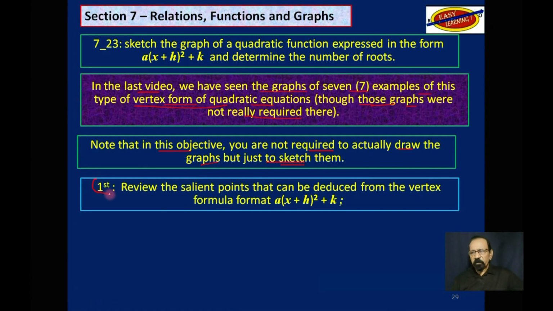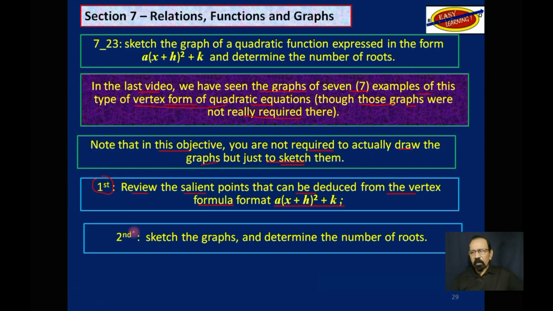So first, we will review the salient points that can be deduced from the vertex formula format, which is this. And then we will sketch the graphs and determine the number of roots, which you could do before you sketch the graph, but more so in order to sketch the graph, because not only do you need to know the number of roots, you need to know what the exact roots are.